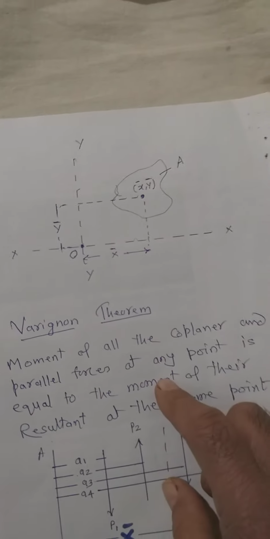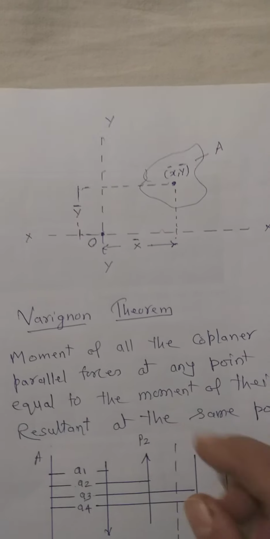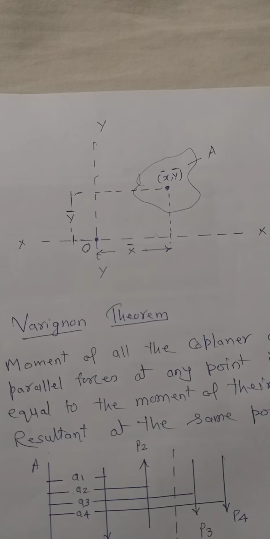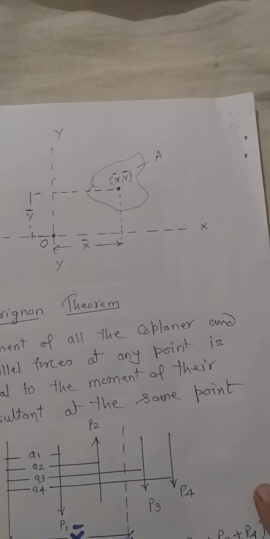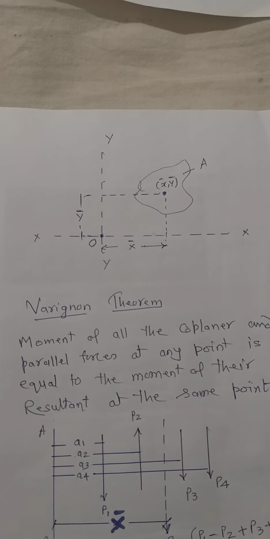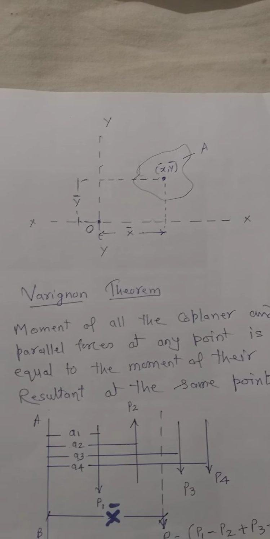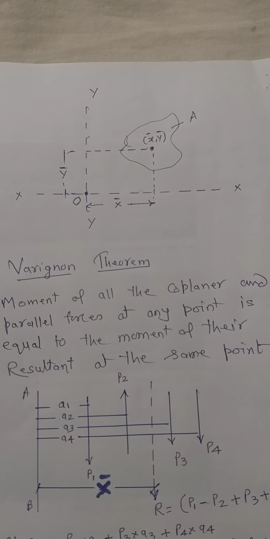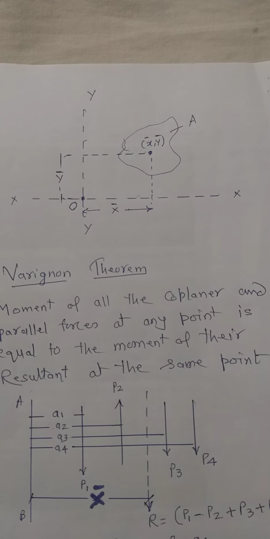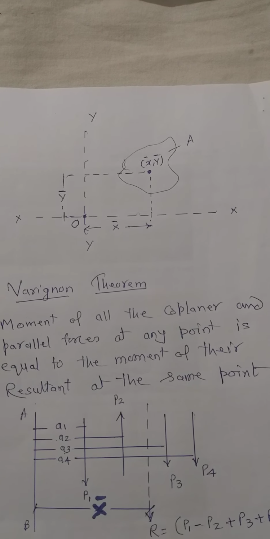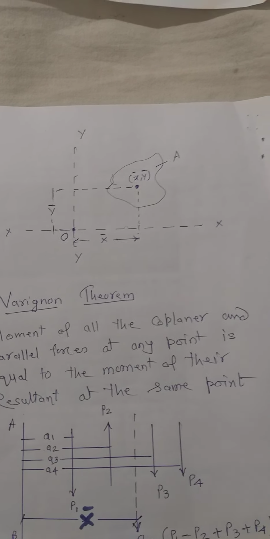Now we'll discuss something about the important theorem, Varignon's theorem. Varignon's theorem says that the moment of all the coplanar and parallel forces at any point is equal to the moment of the resultant at the same point.